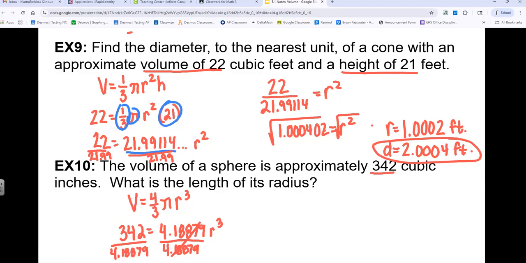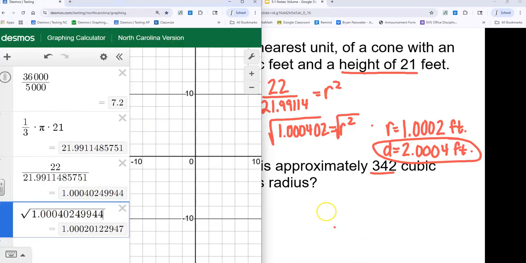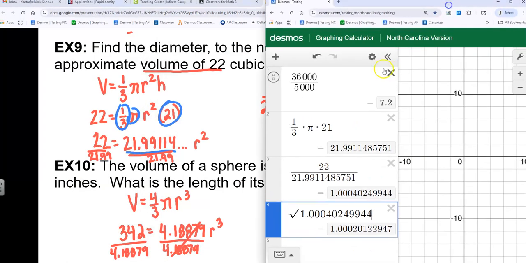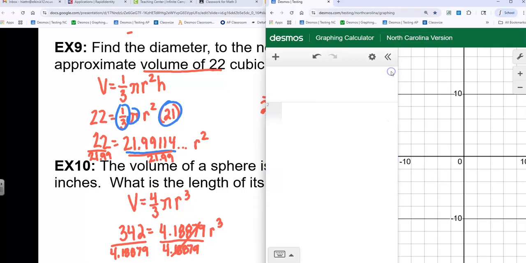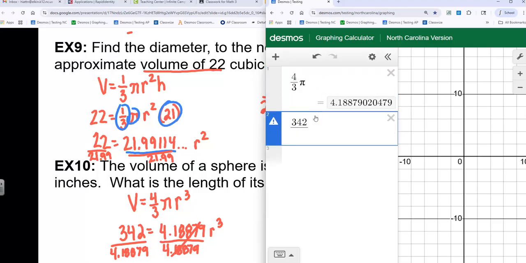Okay, so I'm going to do that over here. 4/3 pi here, so I can just copy and paste. So I'm doing 342 divided by this number right here, and I've got 81.646.